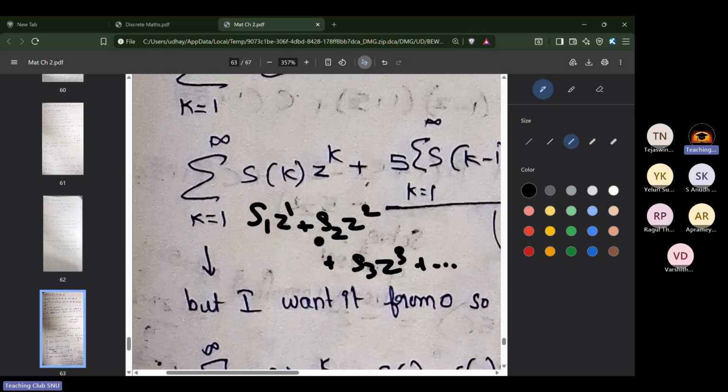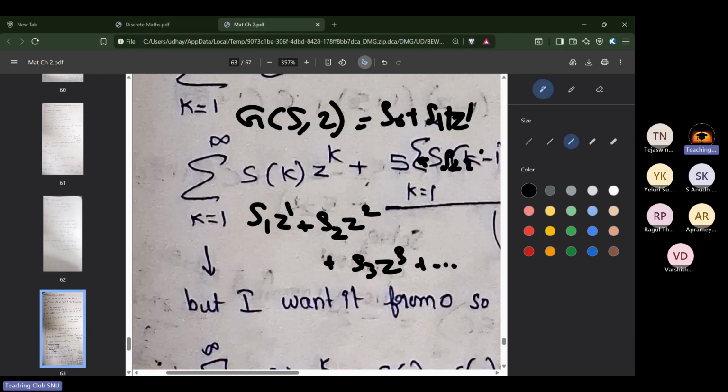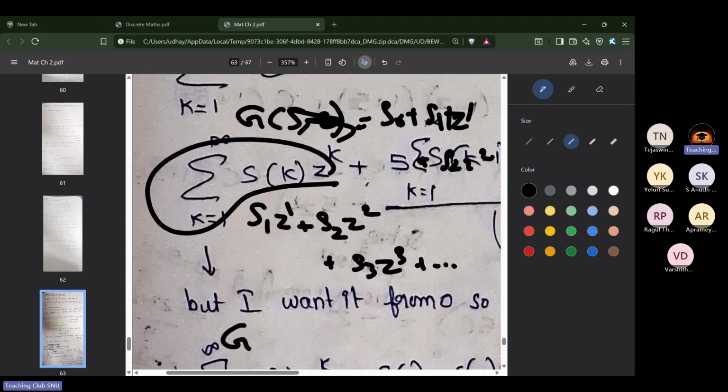Wow, beautiful. But what do I want? I want g of s comma z, and that should be s naught plus s1 z power 1 plus s2 z square and so on. I'm not having that. So what I'll do instead is I just add and subtract s naught. Simple, right? So this whole term is nothing but my entire g of s comma z only, without s naught. That's it.